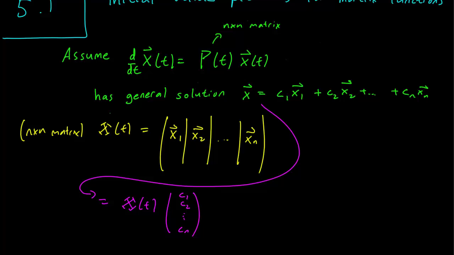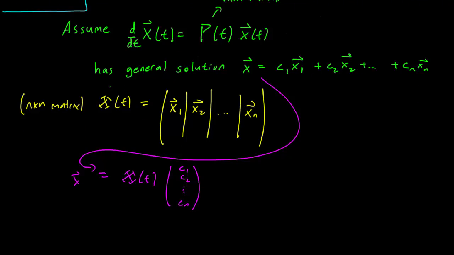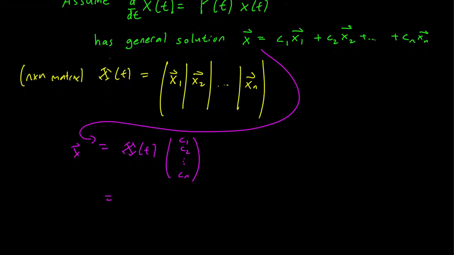So this is precisely equal to this solution. We're just rewriting the general solution in terms of a matrix. And setting c as this vector of constants, we often just write that our solution is of the form x(t) times a c vector.